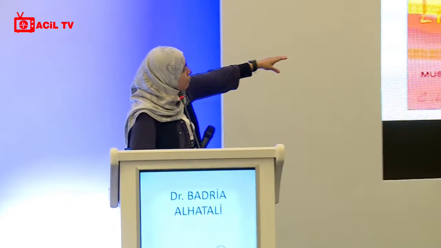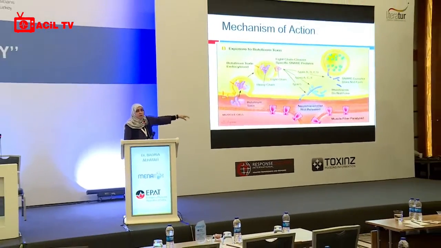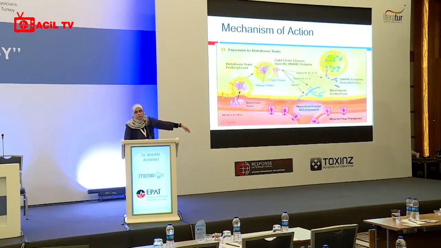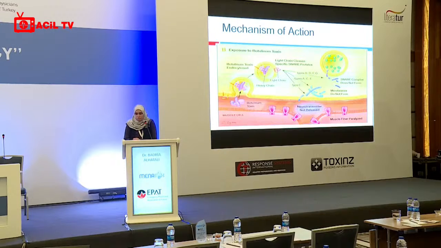What will happen is that botulism is going to affect the protein there, so that will end up with the vesicles floating up there without reaching, and the acetylcholine will not be released. And that will end up basically with decreased level of acetylcholine and causing paralysis.